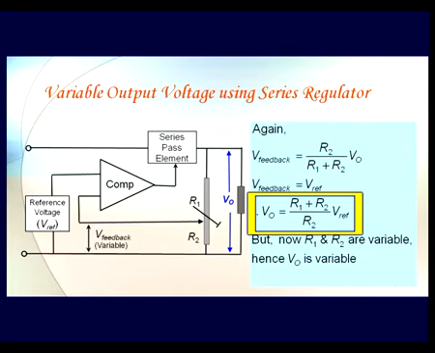So here we are able to generate a variable voltage by this variation in R1 and R2. So we are successful not only in getting a voltage which is higher than the reference voltage, but also a variable voltage.